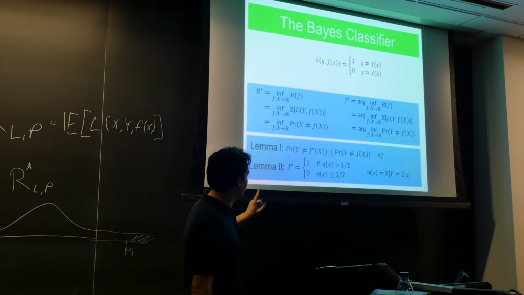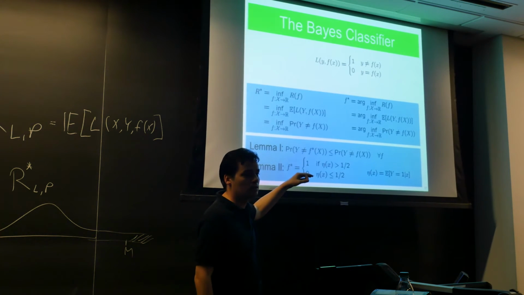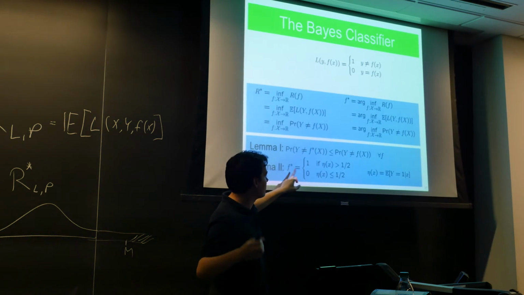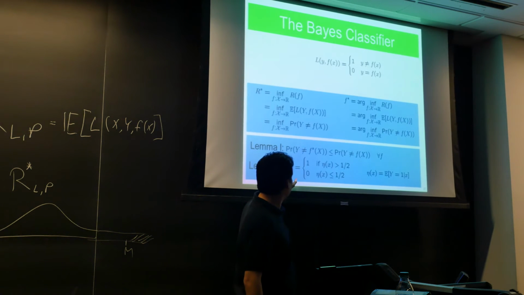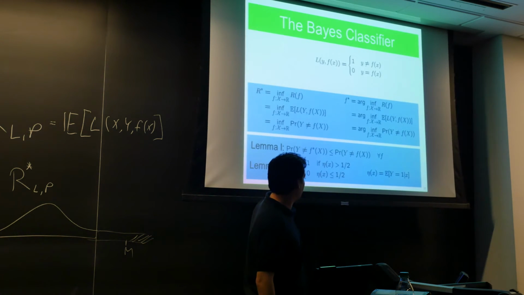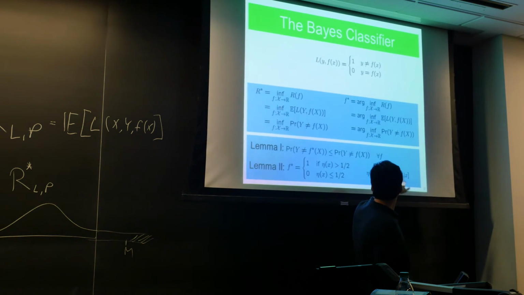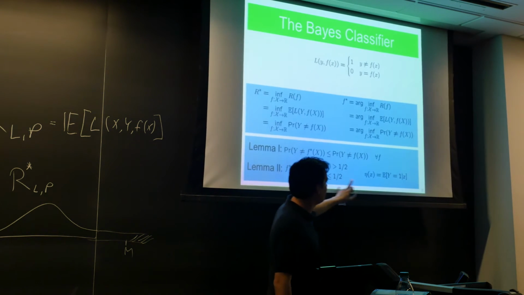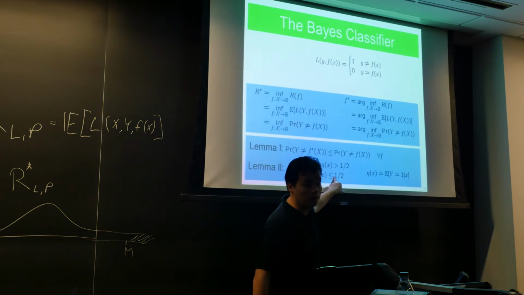But what's not trivial is this lemma: in this classification loss, you can calculate the best f star, the best classifier. That classifier has this form, which you can prove. Let f star, the predicted class label, be 1 if the expected value of y given x is bigger than 1/2, and let it be 0 if the expected value of the class label being 1 given x is less than 1/2.